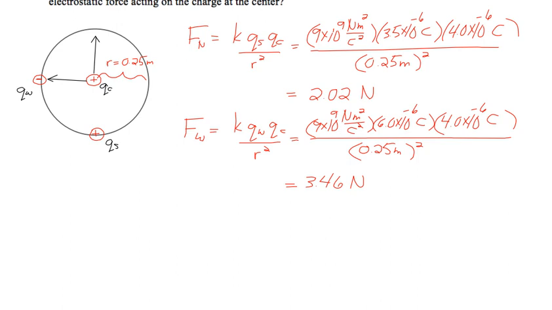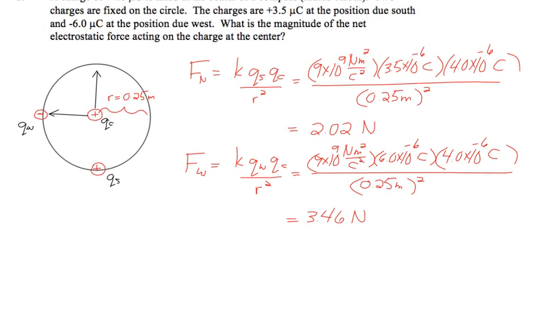So I can either move this vector to the end of that, and this would be my resultant, or I can move this one to the end of that, and it's still going to be the same thing. So it doesn't matter which one you add to which. This is going to be now my resultant. Usually we use F subscript R for the resultant. When you're combining vectors, usually the letter R is what's used.